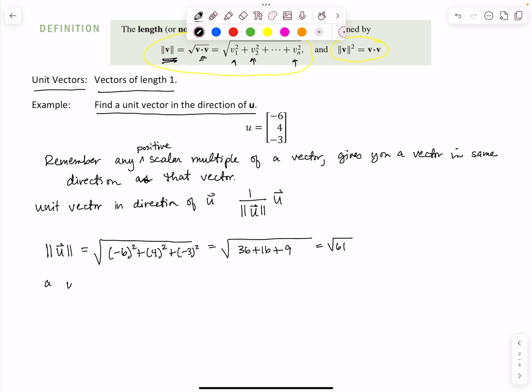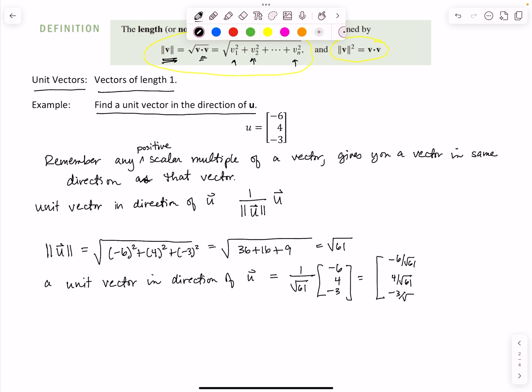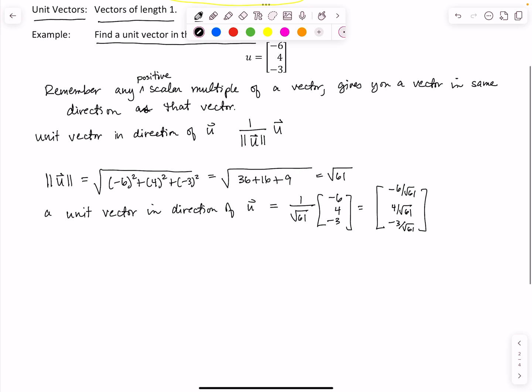So a unit vector in the same direction as u is 1 over square root of 61 times u. This gives me minus 6 over root 61, 4 over root 61, and minus 3 over root 61.